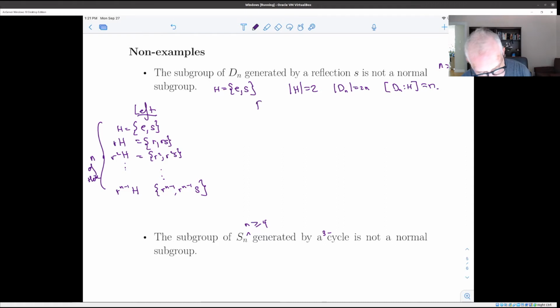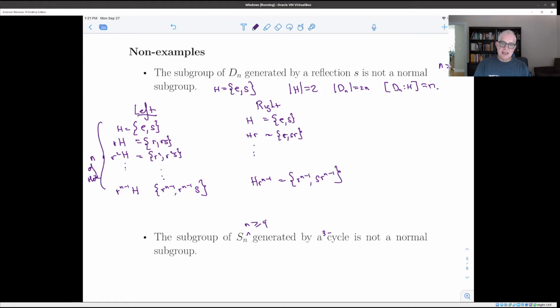But if we do the right cosets, we would have H, HR, down to HR to the n minus 1. These would be H, SR, and so on, all the way down to SR to the n minus 1. And again, we have n cosets, and they're different from one another: n different left cosets, n different right cosets.